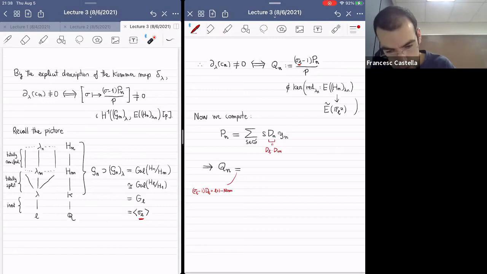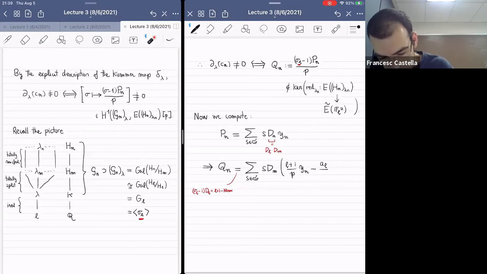This is the same as the sum of s P_m, times L plus 1 over P y_m, sorry, y_n, minus a_L over P y_m.